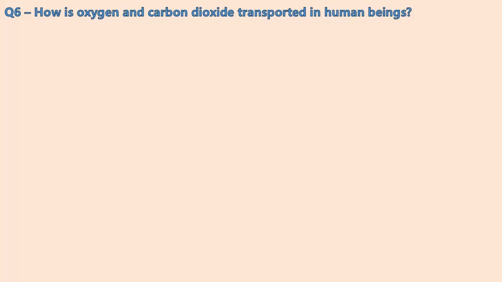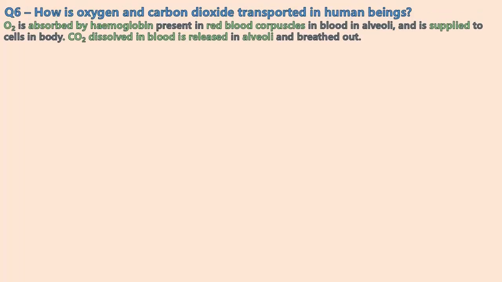How are oxygen and carbon dioxide transported in human beings? O2 is absorbed by hemoglobin present in red blood corpuscles in the blood when the blood passes through the alveoli. Remember, they were small balloon-like structures, many of them, which are endpoints of the tubes inside the lungs.